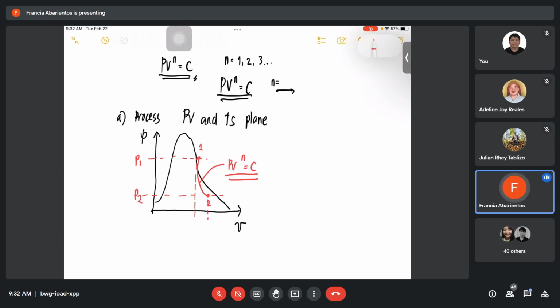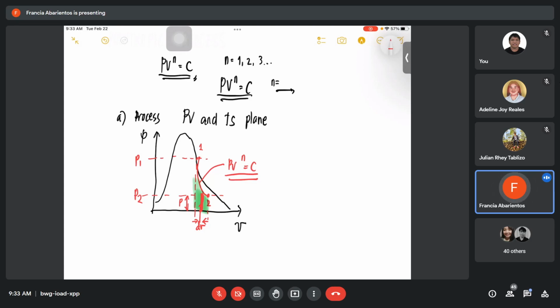Itong shaded portion when it comes to PV diagram, automatically makukuha mo yung kuha ka dyan ng isang strip, di ba, in your integral calculus. Kinuha mong strip, this is your constant P, and this is your differential V. So, class, may work na nangyayari dyan sa non-flow.